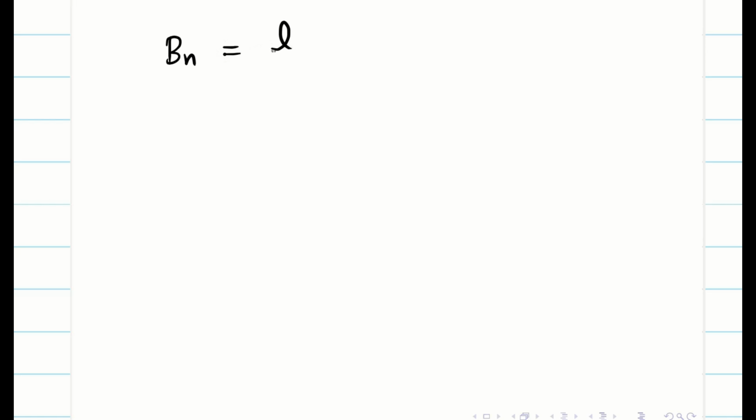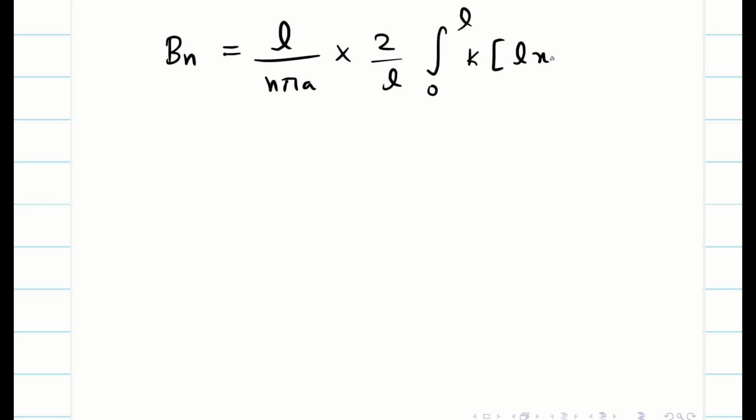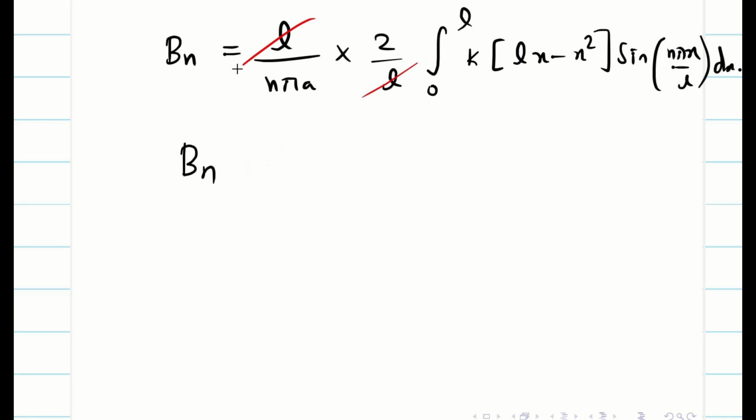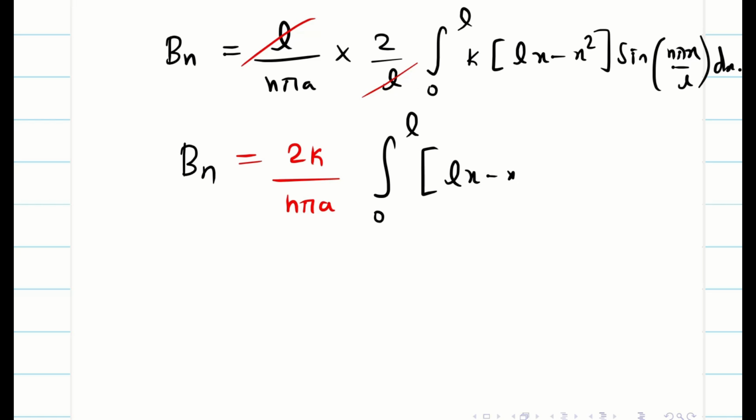Capital Bn is equal to L by n pi a into 2 by L integral 0 to L of k into (Lx minus x square) sine n pi x by L dx. Now I am taking this k also outside. L and L get cancelled. Therefore, capital Bn is equal to 2k divided by n pi a, integral 0 to L of (Lx minus x square) sine n pi x by L dx.